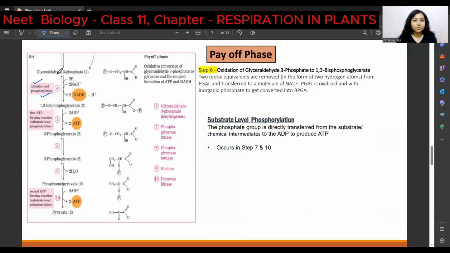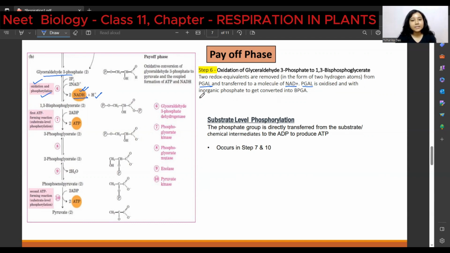For the glyceraldehyde 3-phosphate, which we call PGAL, we will see 2 redox equivalents, basically the 2 hydrogen atoms from the PGAL, are going to be removed and transferred to NAD, forming 2 NADH plus H plus, and we will see that the PGAL is also oxidized. So along with oxidation, phosphorylation takes place.